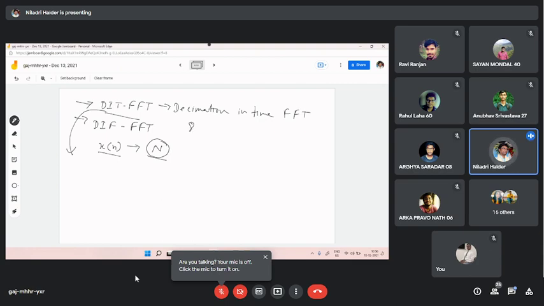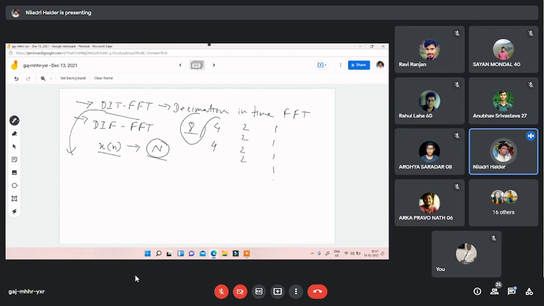Suppose 8 samples. In the first stage, what will happen? It will split into 4, 4. Then in the second stage it will split into 2, 2, 2, 2. Third stage 1, 1, 1, 1, 1, 1, 1, 1, like that. Okay, it will maintain some stages to split n samples into individual n samples, and that number of stages will be given by capital M, where the relation between capital M and n is that.